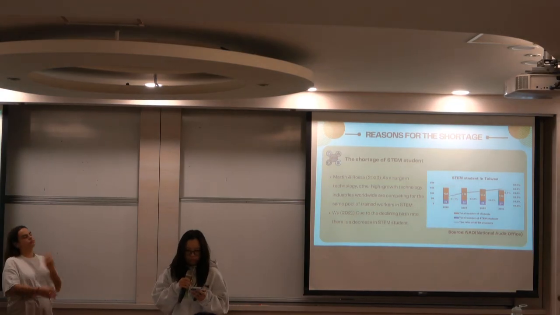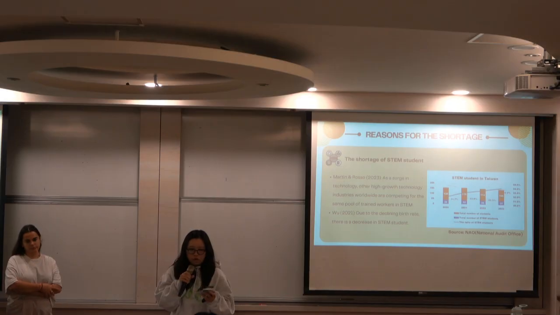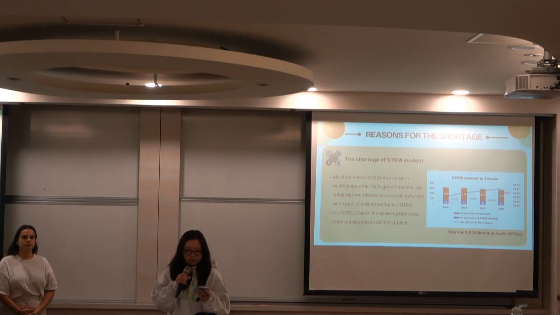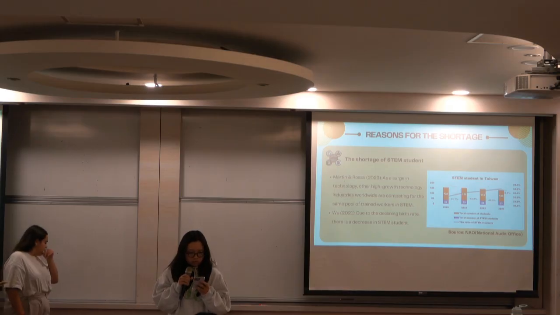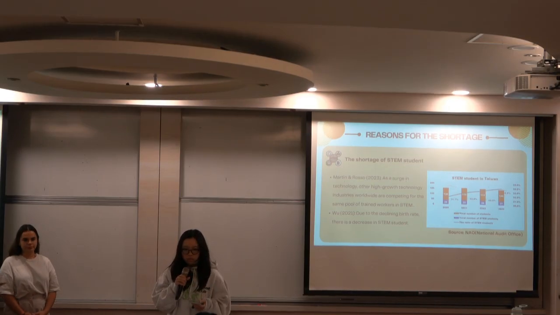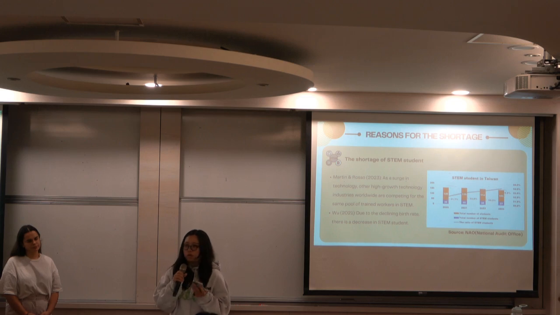And so we look at what is the main reason causing the talent shortage. Beyond the rapid advance of AI, there are three main reasons. The first one is the shortage of STEM students. The IC design industry needs talent in STEM fields, and as technology surges, other high growth technologies such as clean energy and medical technology also have demands in the STEM field.